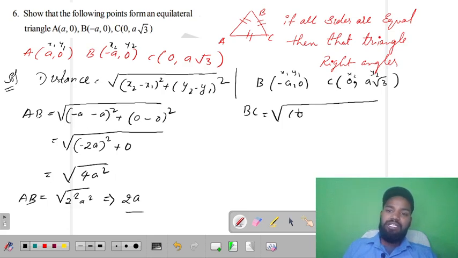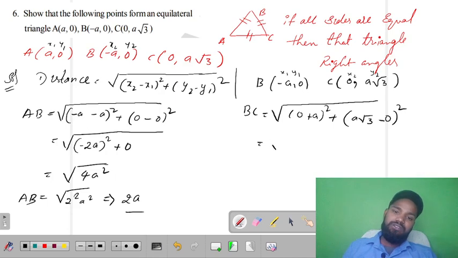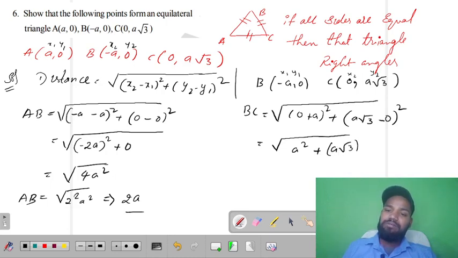X2 minus x1 is 0 minus A, and minus A minus A becomes plus A. Next y2 minus y1: y2 is A root 3 and y1 is 0. That equals under root A square plus A root 3 whole square.